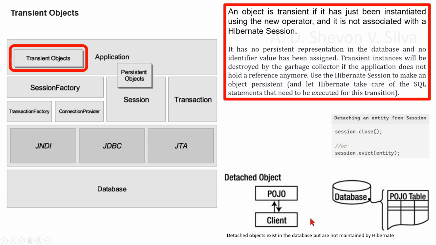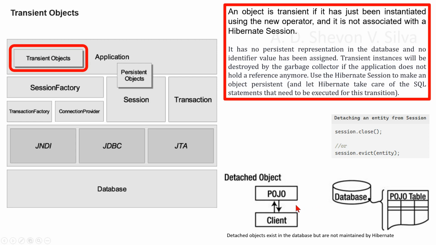Detached entities have a representation in the database, but these are currently not managed by the session. Any changes to a detached entity will not be reflected in the database and vice versa.